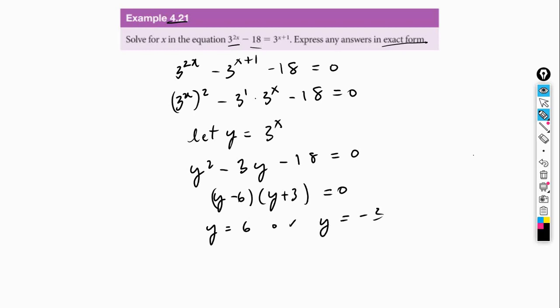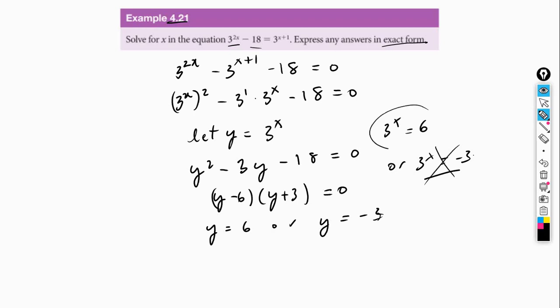But before we said that y is 3 to the x. So in other words, 3 to the x equals 6 or 3 to the x equals negative 3. Now this is not a solution because you cannot raise 3 to any power and get a negative number, right? So this is no solution.